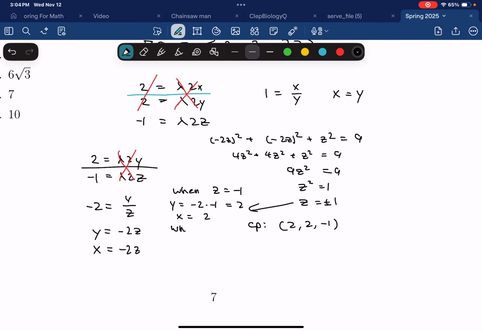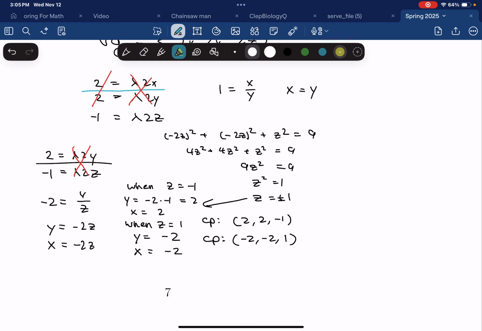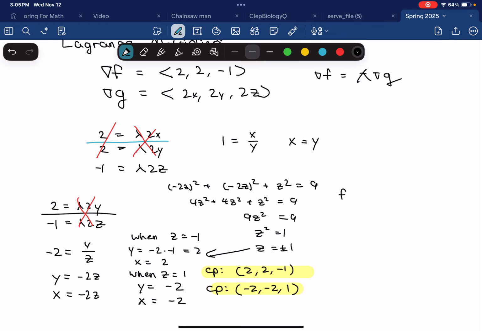And whenever z is equal to 1, y is equal to negative 2, which means that x is also equal to negative 2, which means that in this case, our critical point is negative 2, negative 2, 1. Okay, so we have our critical points now. So let's just evaluate them in the f equation.